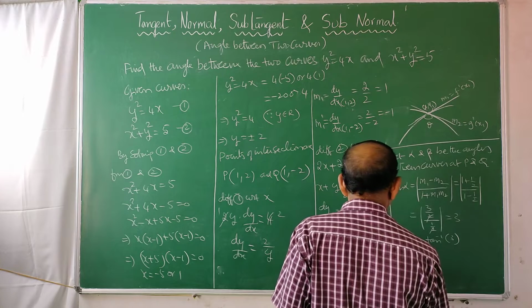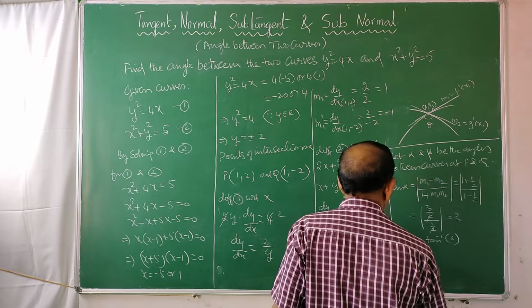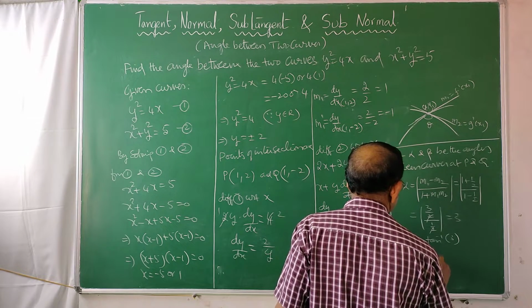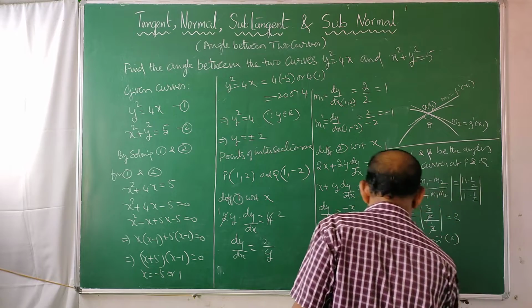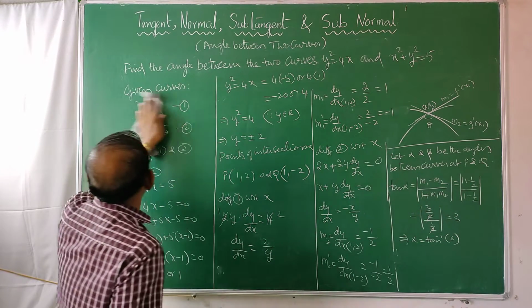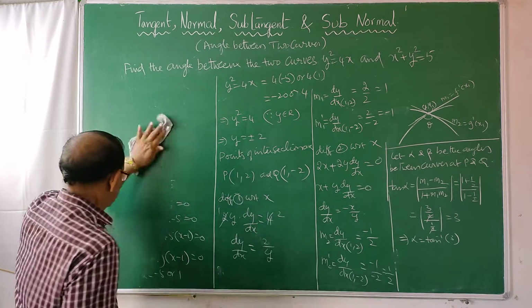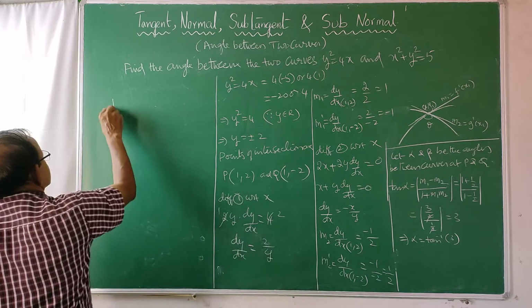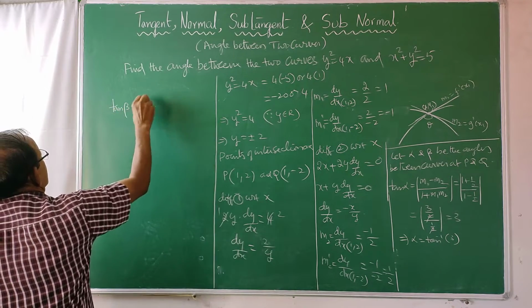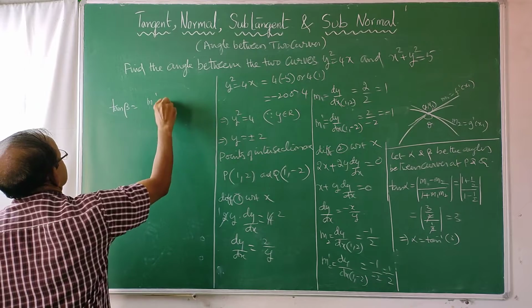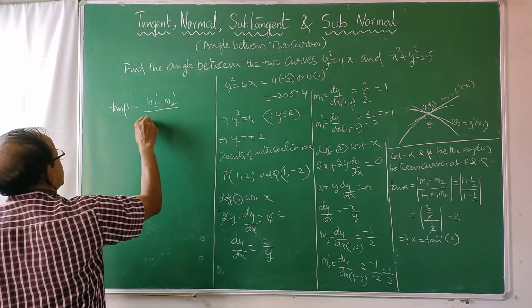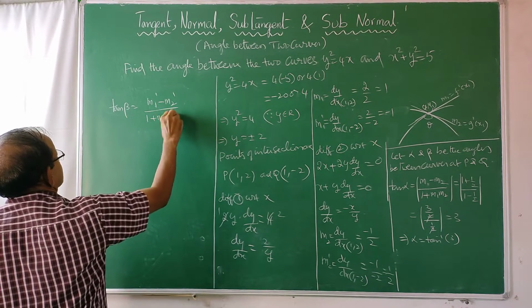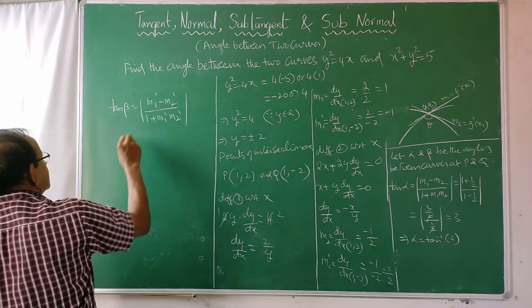Similarly, find tan beta, equal to m1 dash minus m2 dash by 1 plus m1 dash m2 dash.